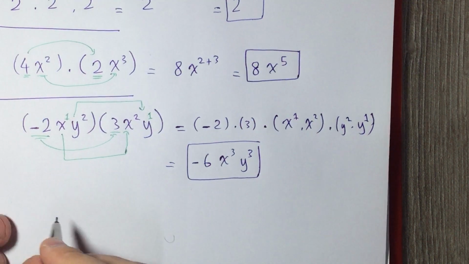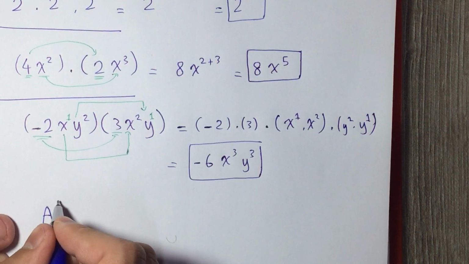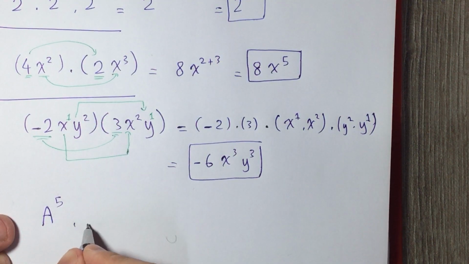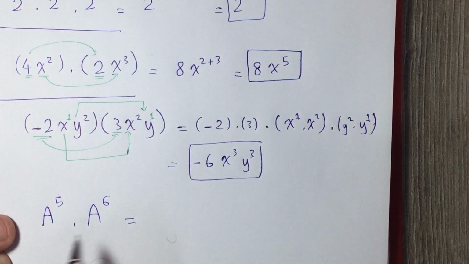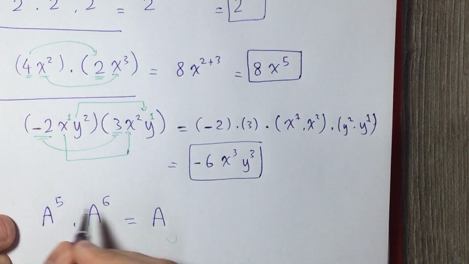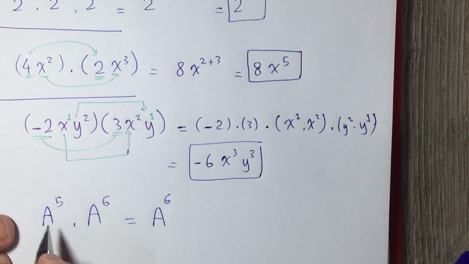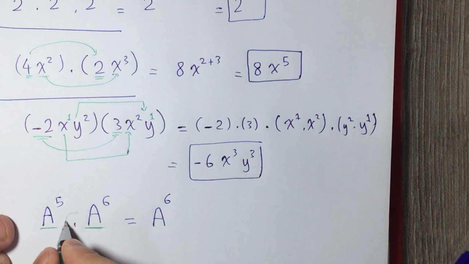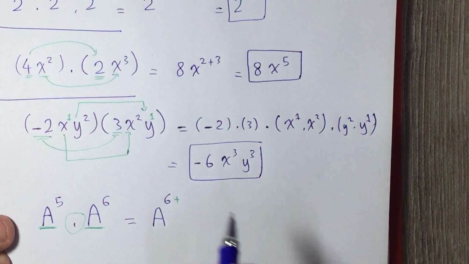If we have the same base, a to the power of something, let's say 5 times a to the power of 6 as an example, we just write the same base and add the exponents. We need two conditions. We need the base to be the same and a multiplication between them. If we have the same base and the multiplication, we just add exponents.